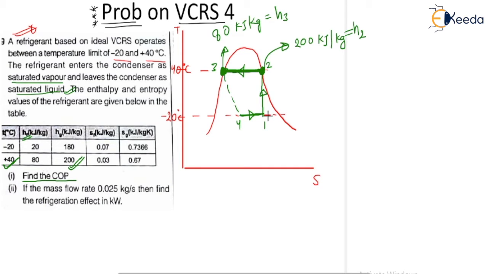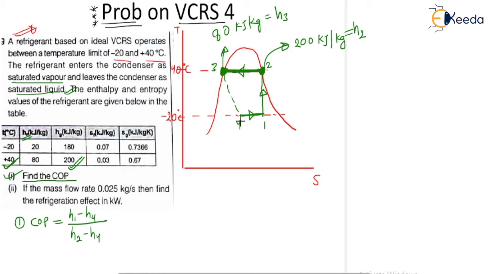As per the question, find the COP value. So, what is the value of COP? My dear friends, as per the COP formula, the COP value is nothing but (h1 minus h4) upon (h2 minus h4).